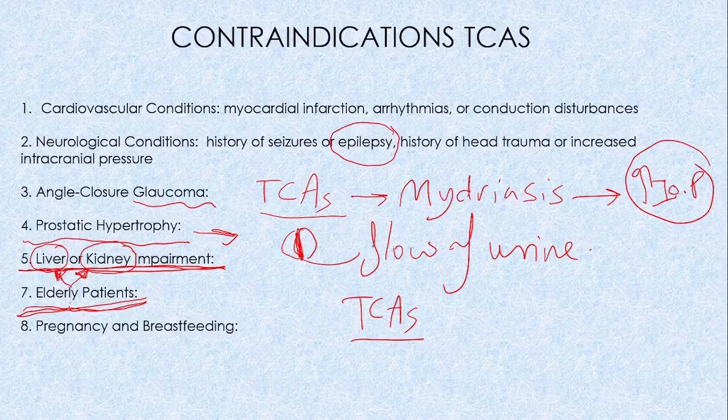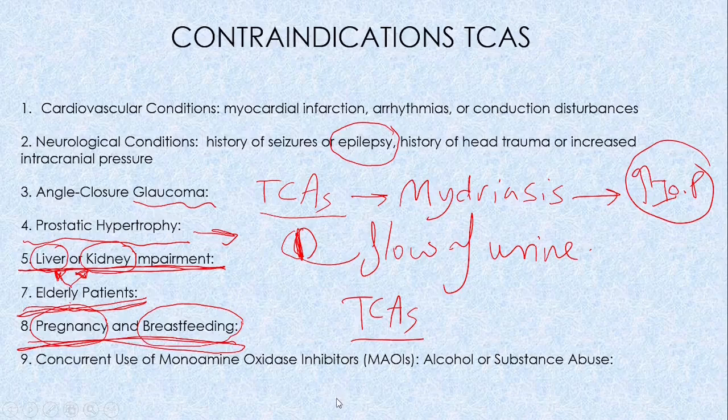Also, they should not be given in pregnancy and breastfeeding. Why? Because in pregnancy, tricyclics can pass the placenta and reach the fetus, and can affect the fetus. And in breastfeeding, because they will be excreted in the milk. Lastly, these drugs should never be mixed with monoamine oxidase inhibitors.